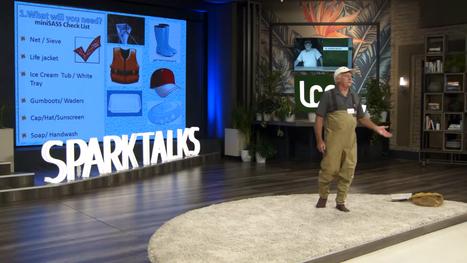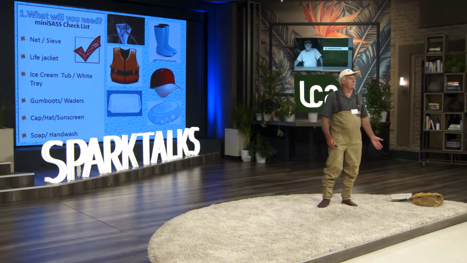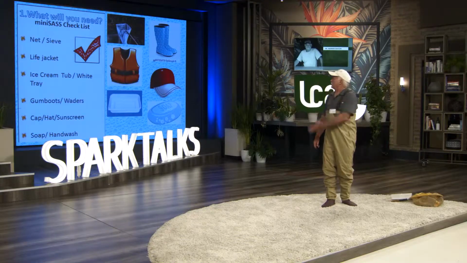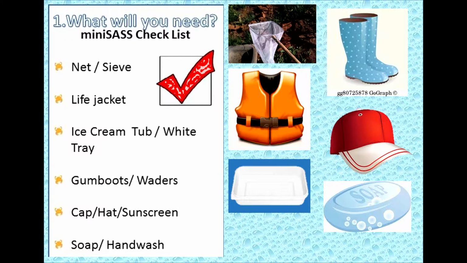All of it is very easy to get. It might even be in your house. You can make your net or sieve yourself. I will show you later. You can get a life jacket anywhere. Your tray can even be an ice cream tub, a white tray.